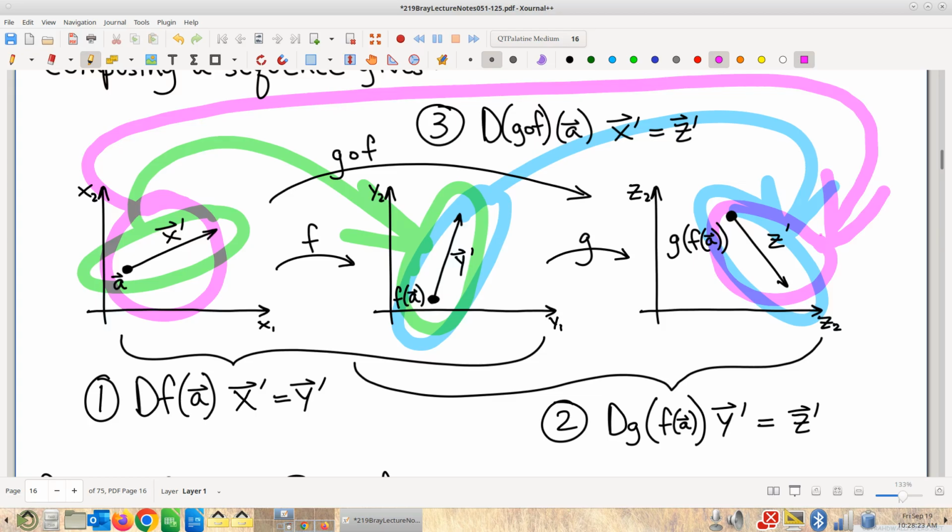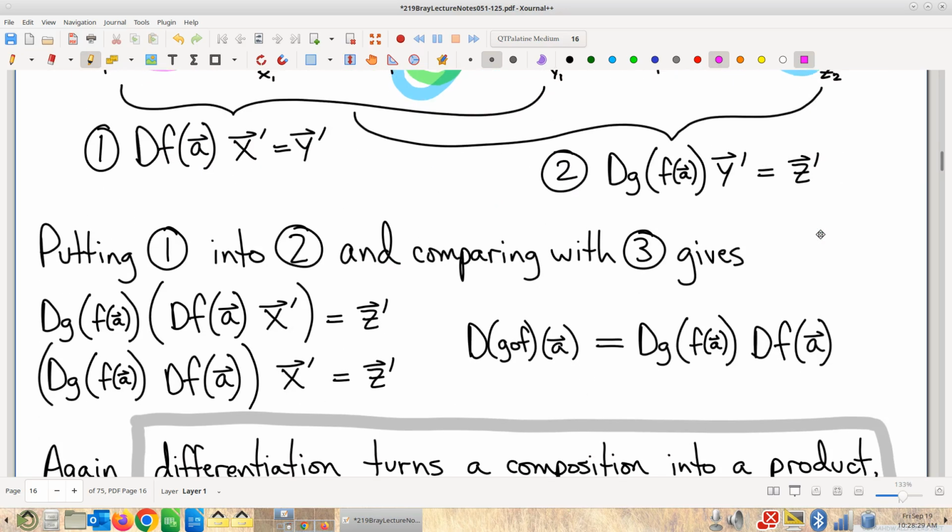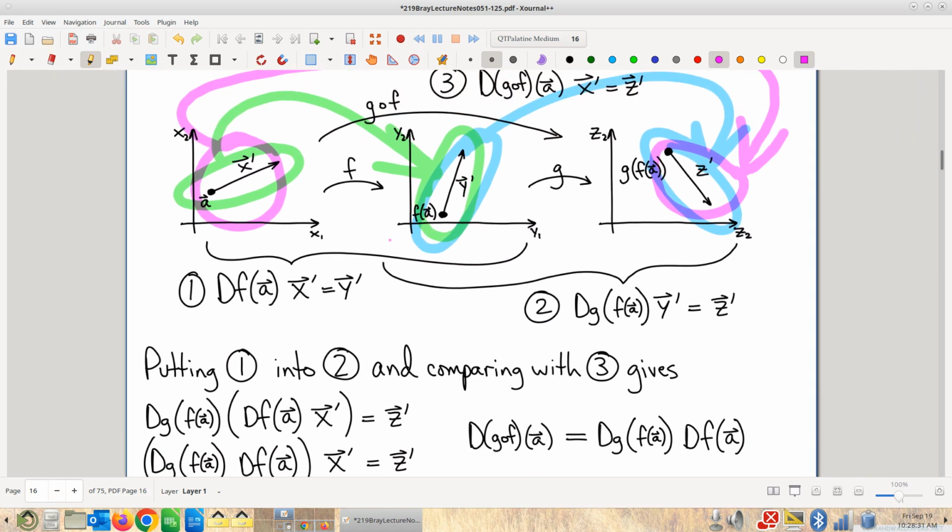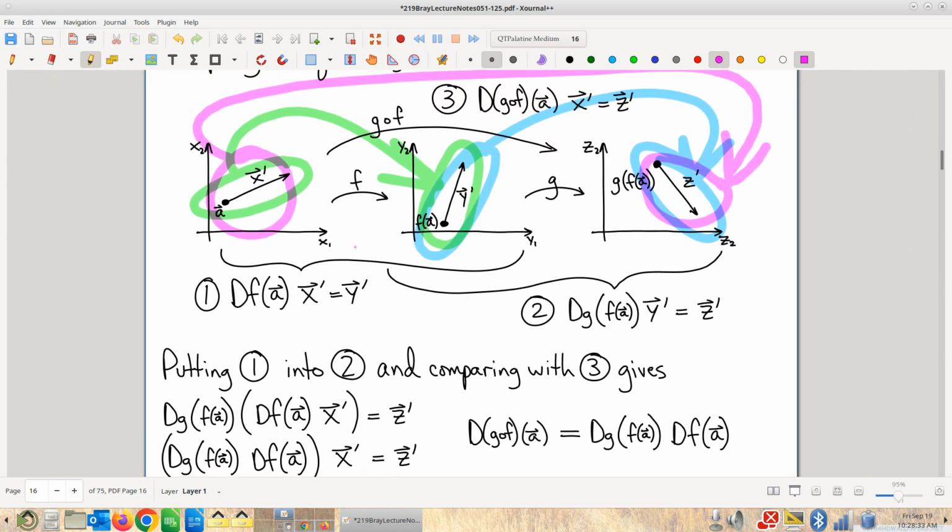And so this purple composition derivative is the product of those two initial factors. And that's all. Let's zoom back out so I can see it all at the same time. That is all that this says. The derivative of that purple composition is the product of the individual factors, namely the individual derivatives.